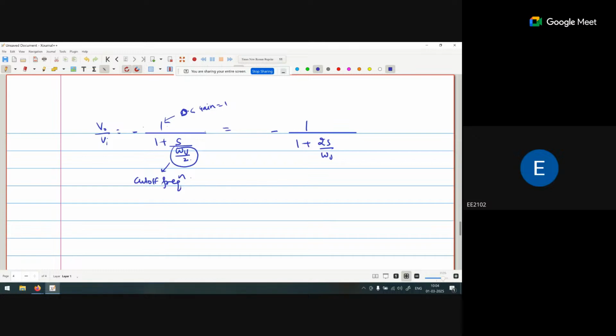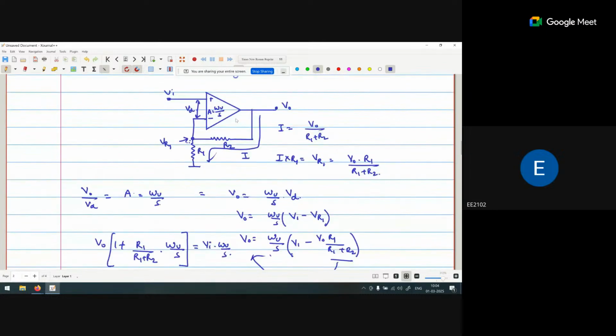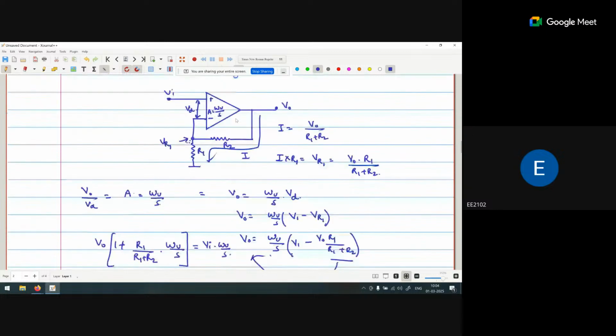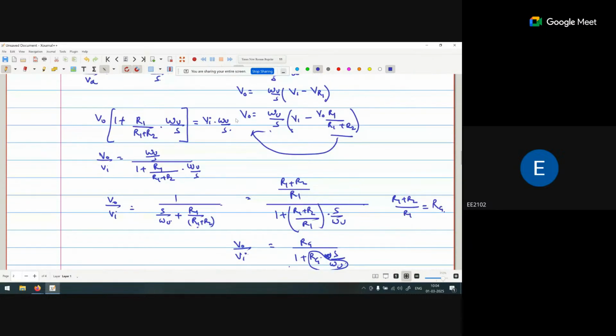Similarly, consider the case when we apply the positive feedback, when we connect Vi to the positive terminal. So we get this term.